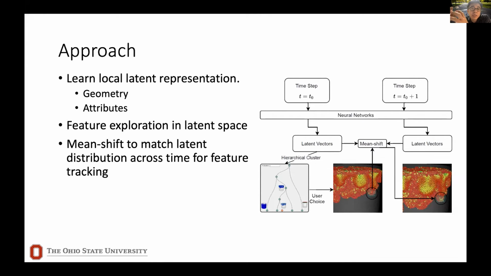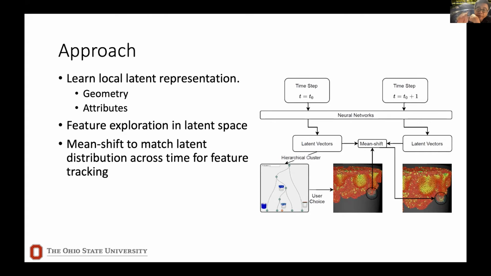So the question now is, how can you have the most succinct representation for each particle that simultaneously describes the geometry, meaning how your neighbors are spread out around you, and the attributes, not only of yourself, but also those associated with your neighbors.